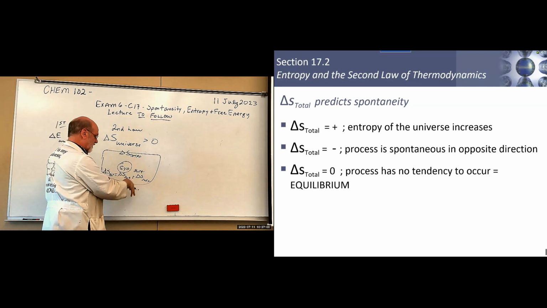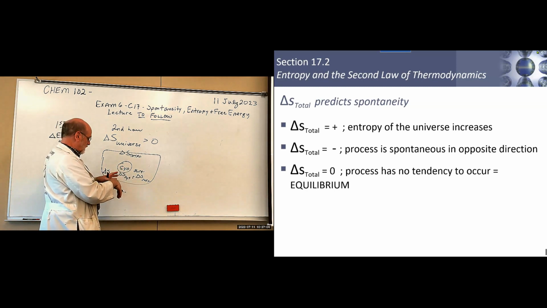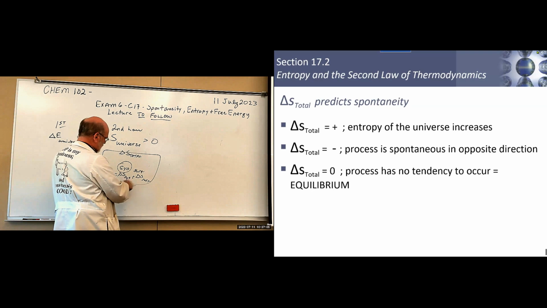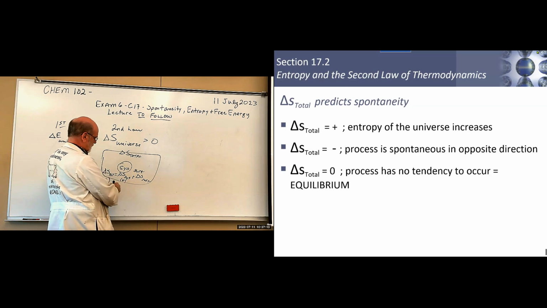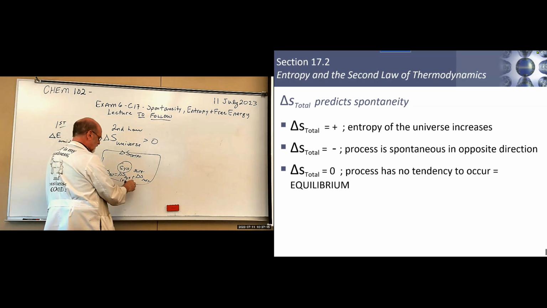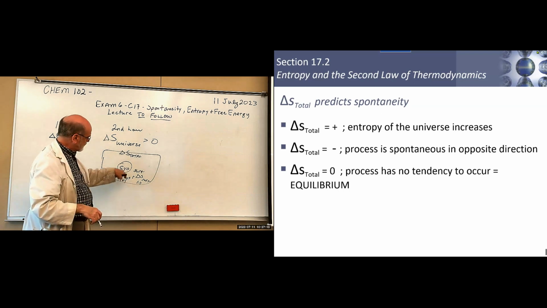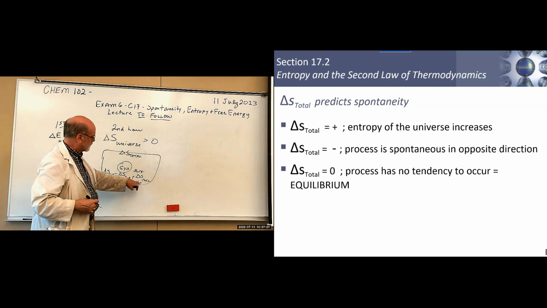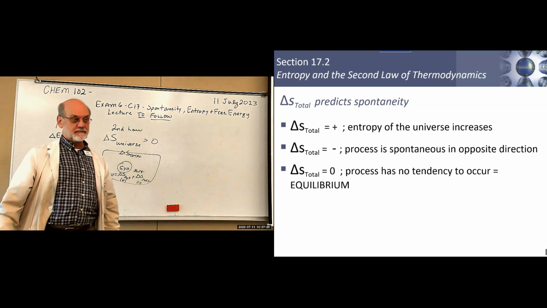When you add them together, they'll probably have opposite signs. So it depends. If the change for the system is positive, it's increasing entropy, and the surroundings are decreasing entropy, then if the change in entropy for the system is greater than the change for the surroundings, you'll have a spontaneous process.